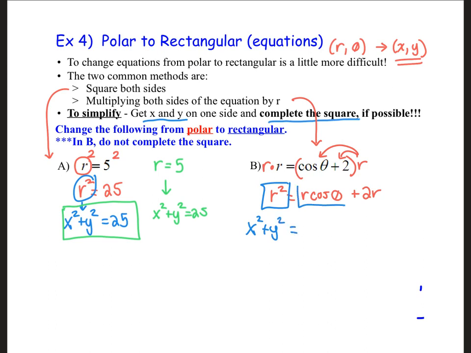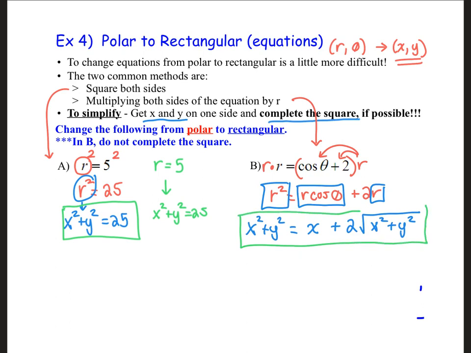I'm going to replace the r cosine theta with just x, plus 2, and now the r. Unfortunately, the only thing we can replace the r with is that square root of x squared plus y squared. So this one is a bit of a more complex equation, and with the complexity of this one, we are not going to simplify it anymore, so we're going to leave it at this.